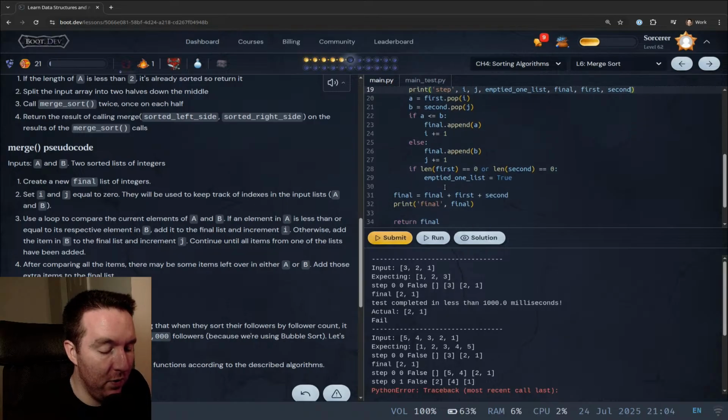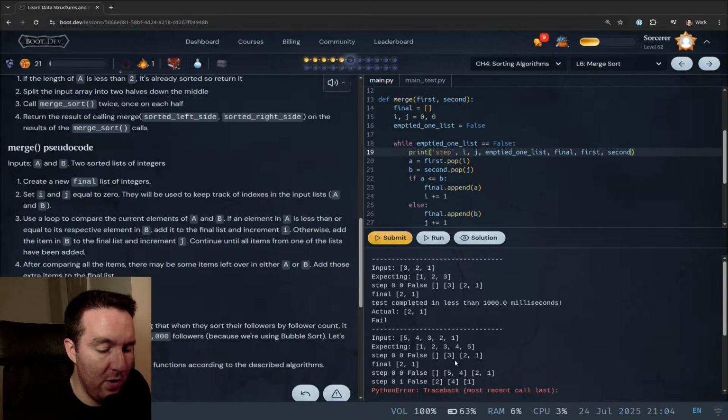And then the leftovers. But the problem is it's popping on something. And this only goes through one step.